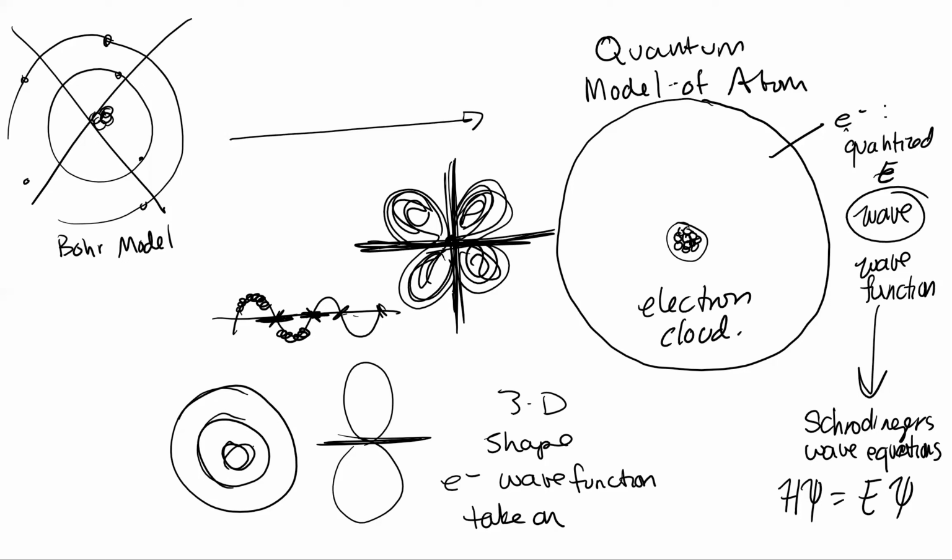And that's as best as we can really visualize this. There's this space around the nucleus where it's probable the electron exists. But it doesn't have a fixed orbit, and we can't exactly pinpoint where it's going to be at all times, and we can't predict the path that it's going to take.